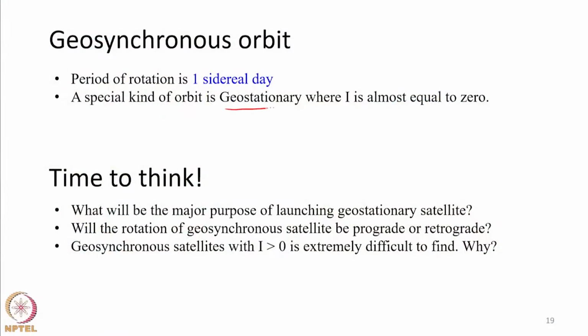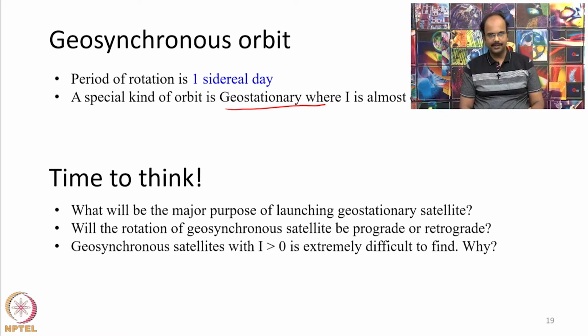So, a geostationary orbit is a special kind of geosynchronous orbit in which i is equal to 0. That means the satellite will be stationed over one particular location on the Earth's surface. Now, let us think briefly: what will be the major purpose of launching a geostationary satellite?